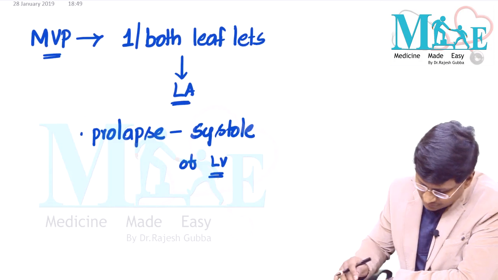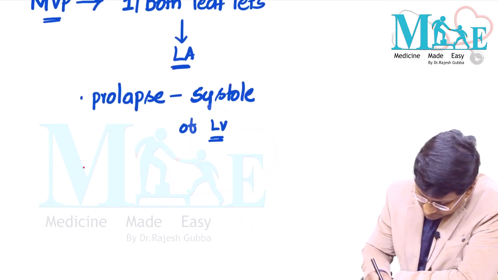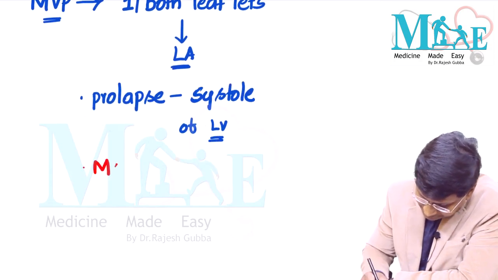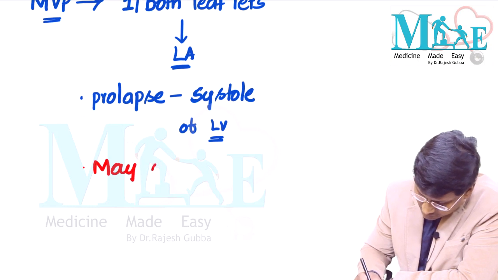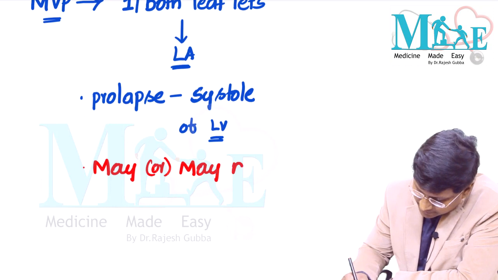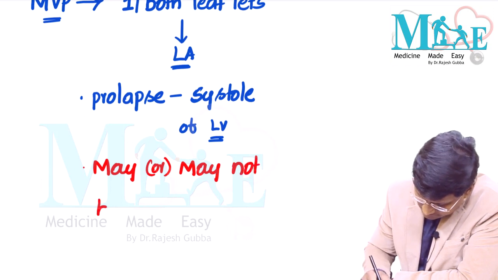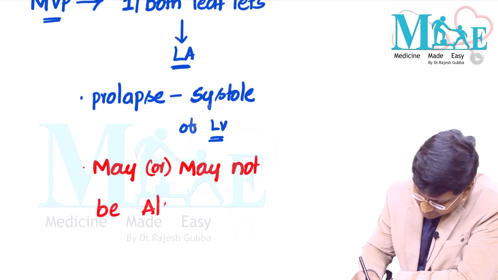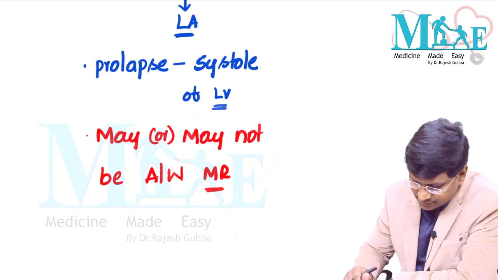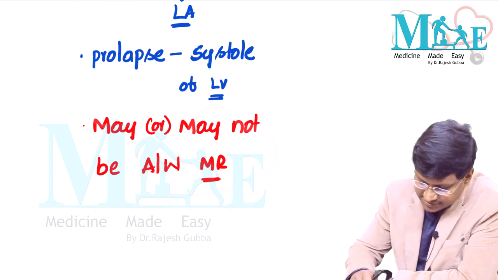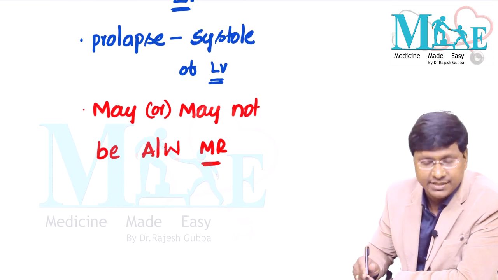So, you see this point: this mitral valve prolapse may or may not be associated with mitral regurgitation.